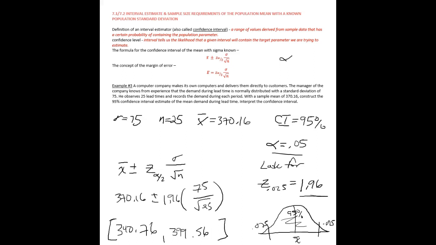Okay. So this is a very, very important piece. So listen closely when I say this. So this interval, 340.76 to 399.56, okay, or something very close to that, is an interval for which we have 95% confidence that our mu resides in.